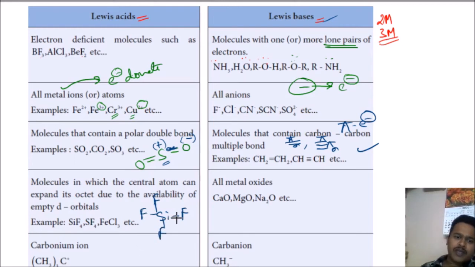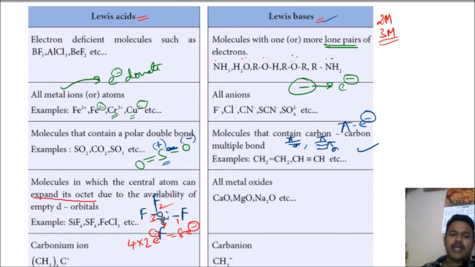How many bonds are there? 1, 2, 3, 4. We are seeing 4 into 2 electrons, so 8 electrons are there. It is already satisfied with the octet rule, it is stable we can say, but it can expand its octet.